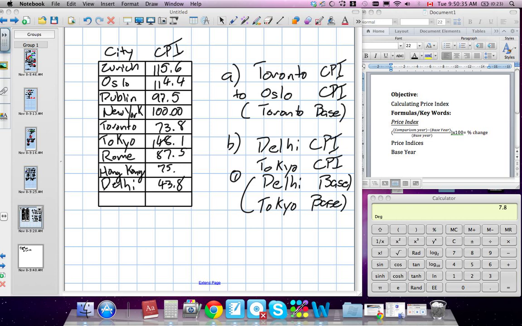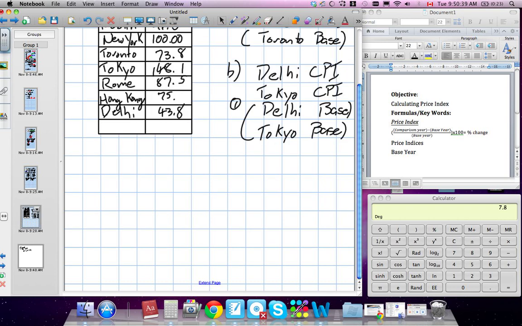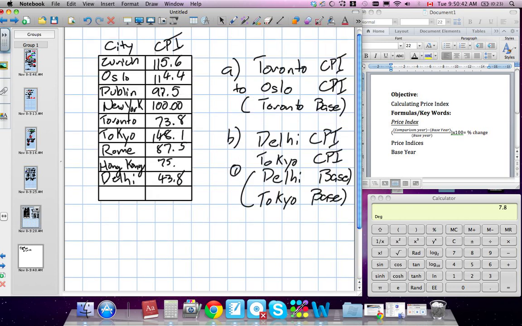Okay, finally. There we go. So we need to compare Toronto CPI to Oslo's. Okay? So we have Oslo, which is 114.4, and Toronto's is 73.8. We want to use Toronto as our base.